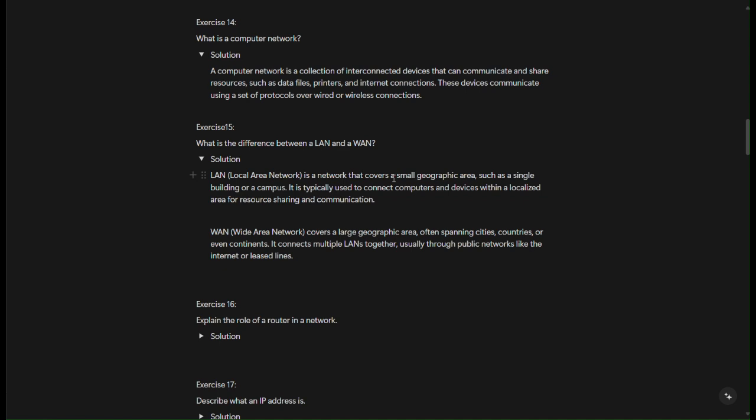WAN, or Wide Area Network, covers a large geographic area, often spanning cities, countries, or even continents. It connects multiple LANs together, usually through public networks like the internet or leased lines. This is the difference between the local area network and the wide area network.